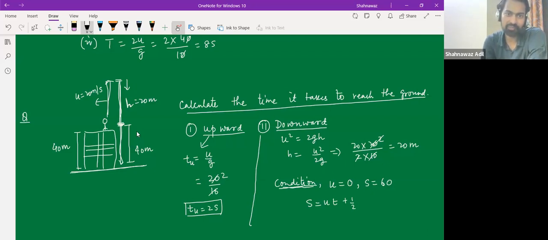So half g t square. This u t is 0, so this is cancelled, and this is 60, half, and g is 10, and then t square.